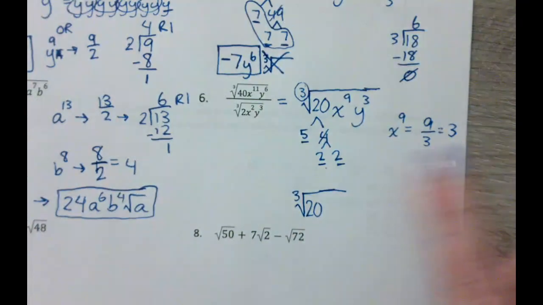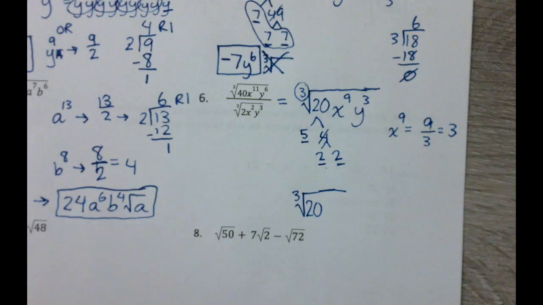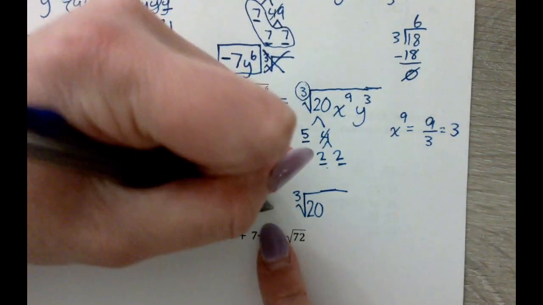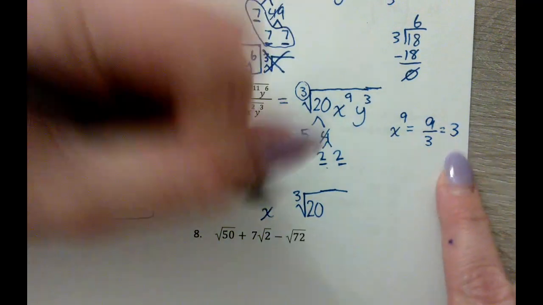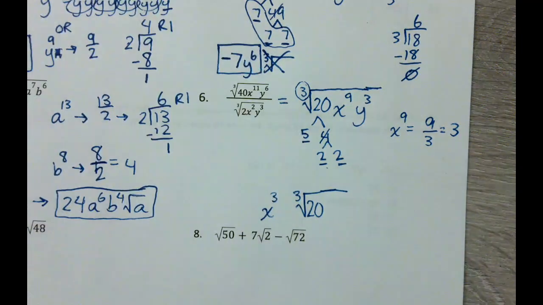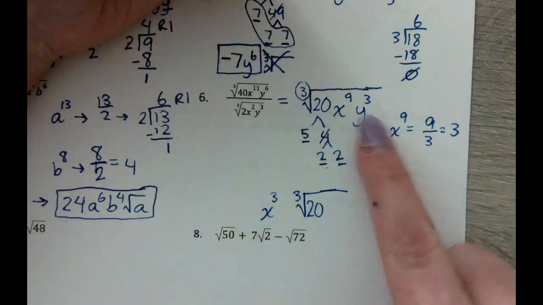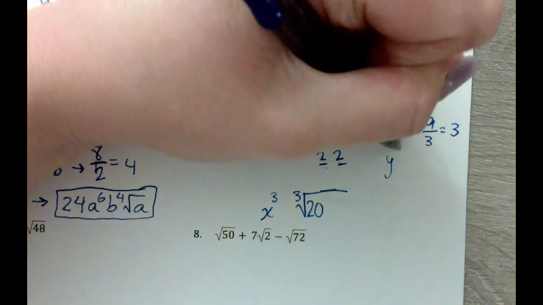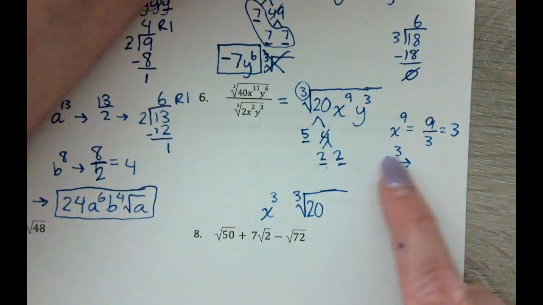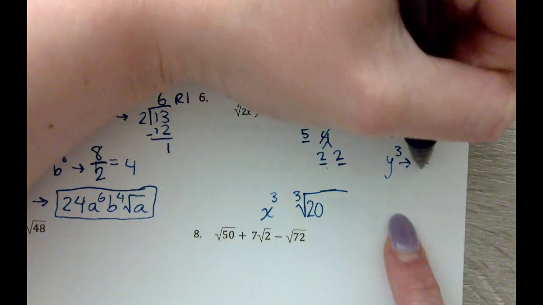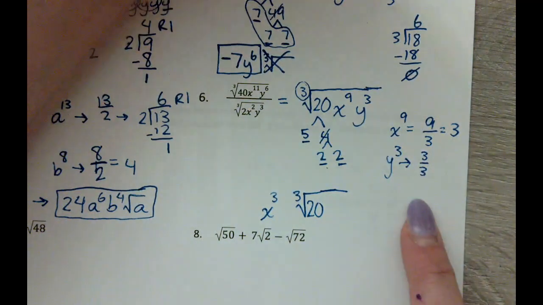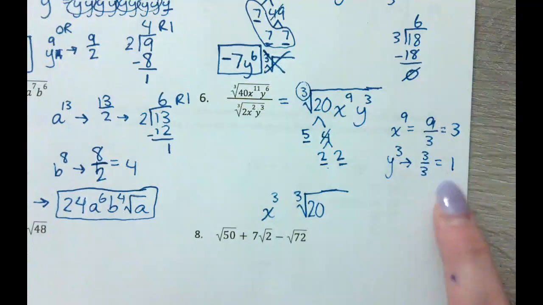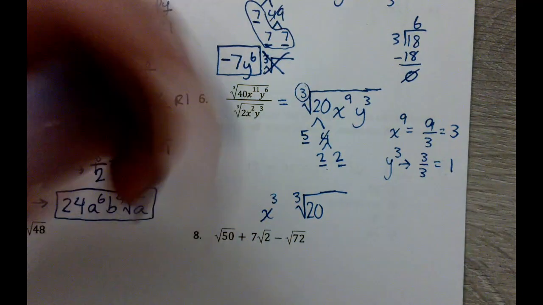That means 3 x's come out and I don't have any left. So I'm going to come out here, leave some room for some y's. X cubed is what comes out of there. Now I repeat with the y's. Y cubed. Again, we're going to divide that into groups of 3. So 3 divided by 3, hey, that's 1. 1 y comes out, I don't have any left.